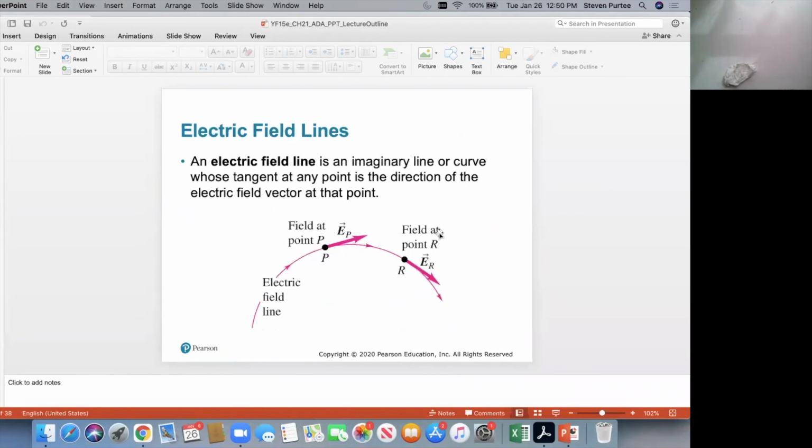Then if you bring in some other charge, that charge will want to move along an electric field line. Think of field lines like flow lines, like current lines in water, because the electric field is just a gradient of some scalar potential. So this is literally like watching current lines in water, and then you drop in a little boat, and that boat will follow along the current.